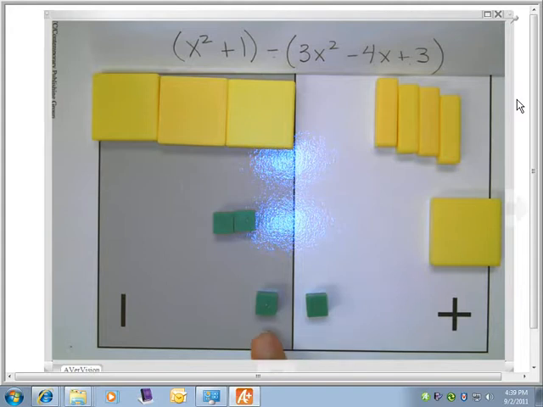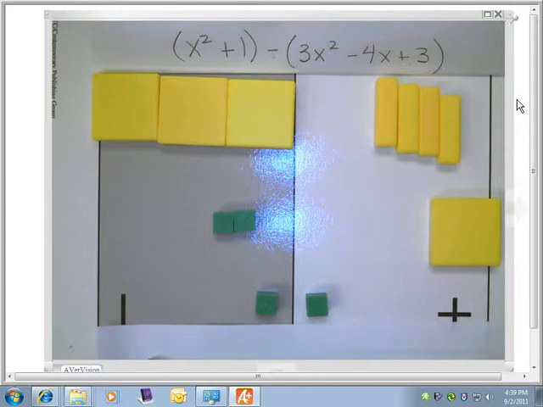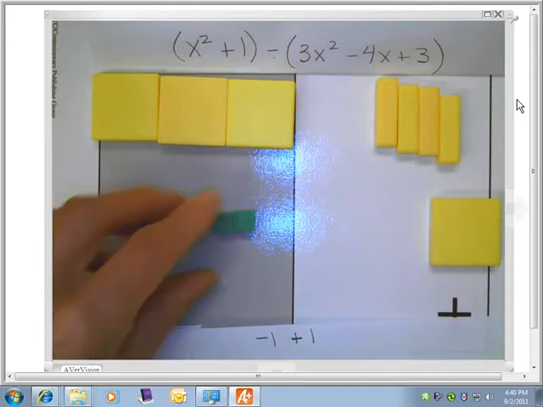So if I have a 1 minus 1, that's a 0, isn't it? So what is a 0? A 0 is nothing. I take them off the mat. That has zeroed out.